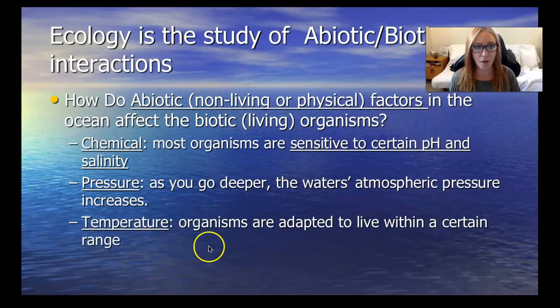Also, of course, temperature. Organisms are adapted to live at certain temperatures. Some of them have a wider range of temperatures that they can live in. A lot of animals and organisms migrate or ride the currents as plankton throughout the ocean, so they have a wider range of temperatures that they're okay at.